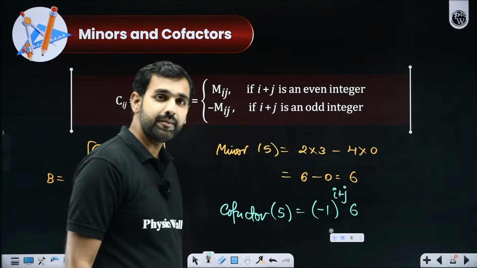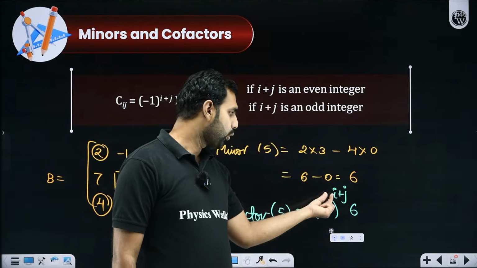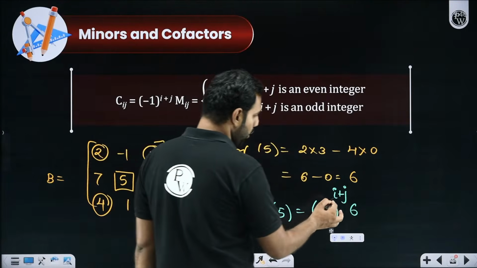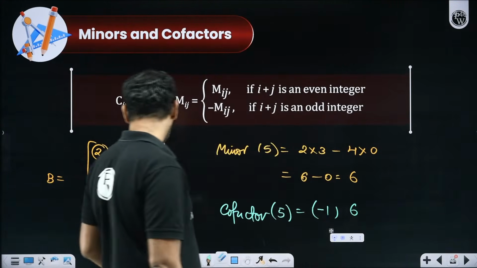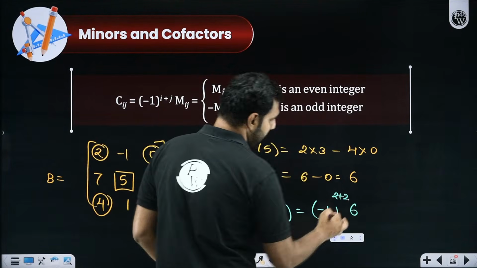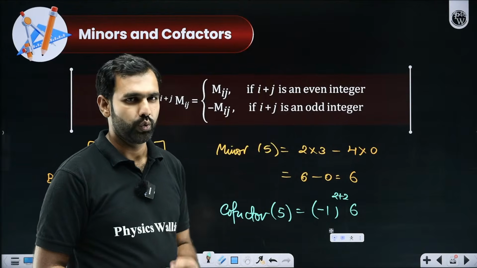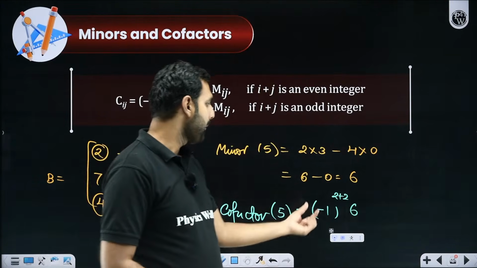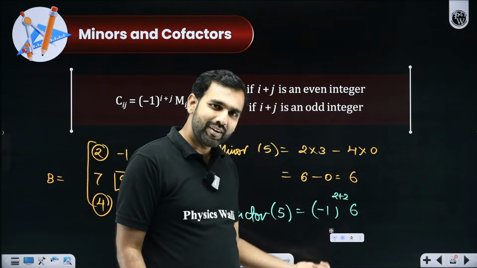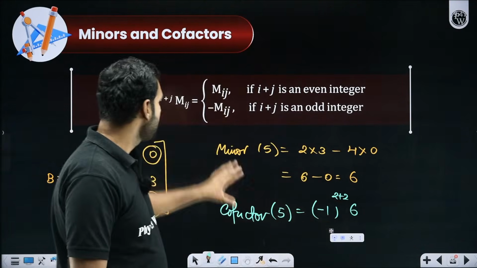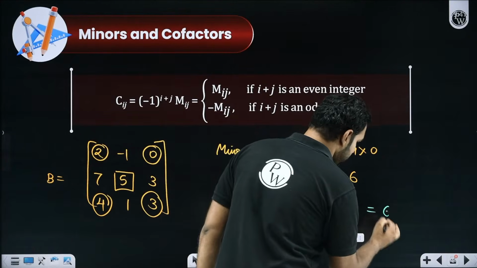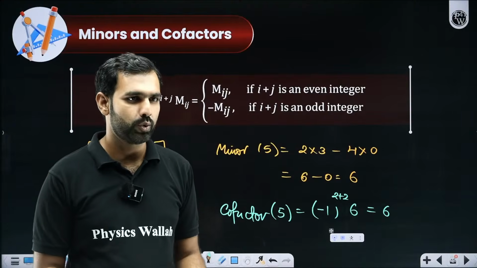What is i plus j? i means the row and j means the column, which means here the row and column of this 5 is 2 and 2. So this will be 2 plus 2, as I have already told you. 2 plus 2 is 4, even, put a plus sign. Had this summation been odd, I'd put a negative sign. Are you understanding this formula now? So the cofactor will be plus 6. Luckily, minor and cofactor both are the same.